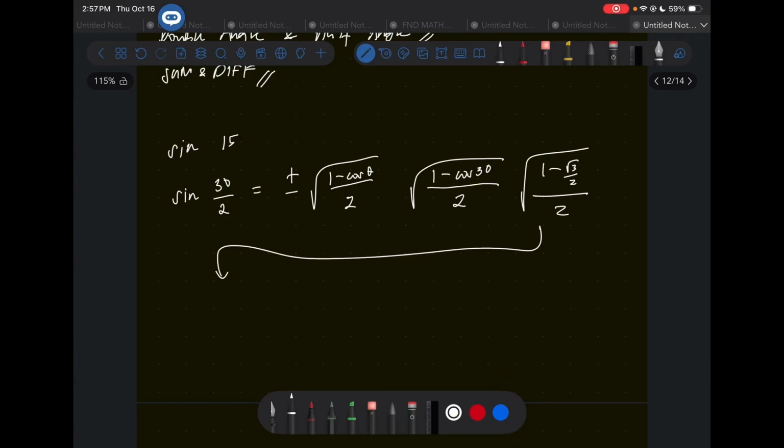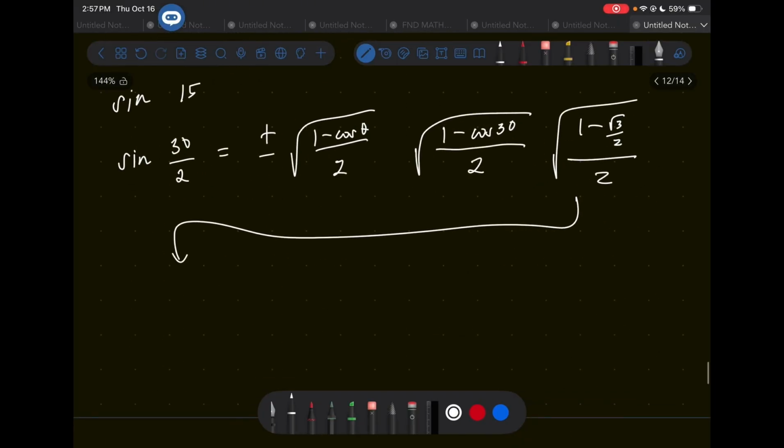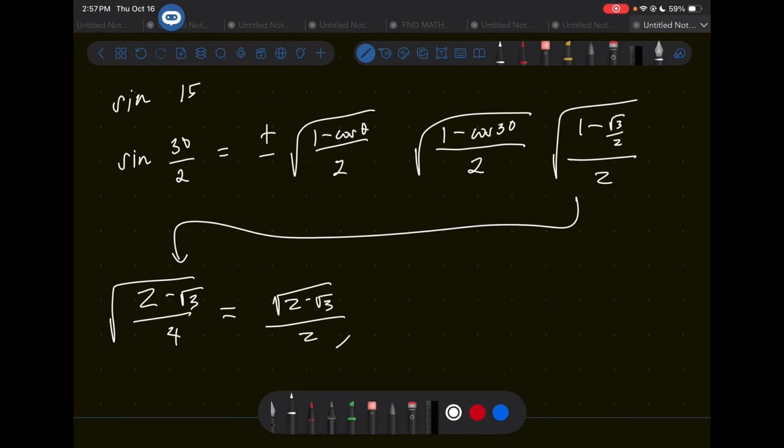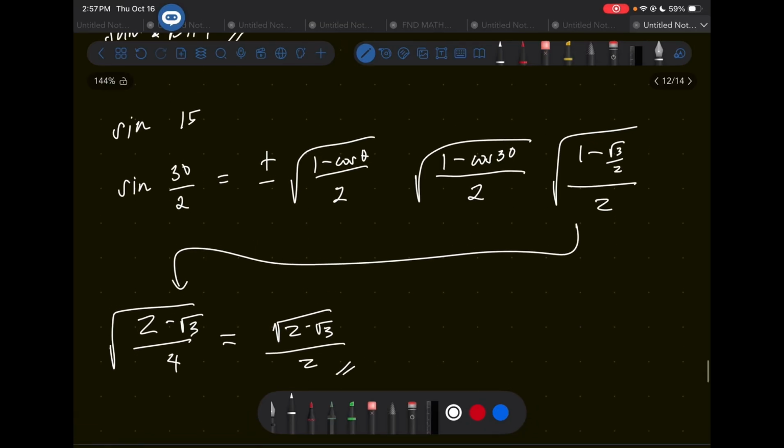So now, simplifying that, you're gonna have (2 minus square root of 3) over 4, which is just equal to square root of (2 minus square root of 3) over 2. So that's your sine 15 using the half angle formula.